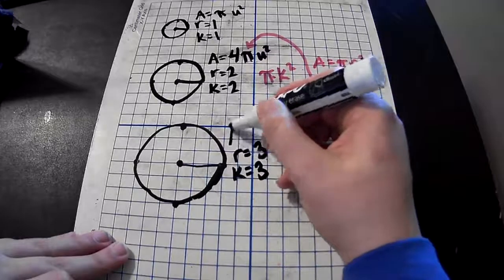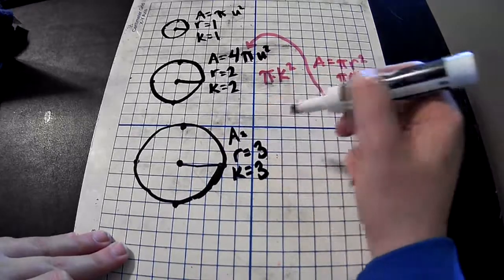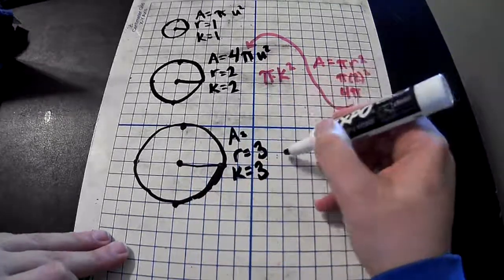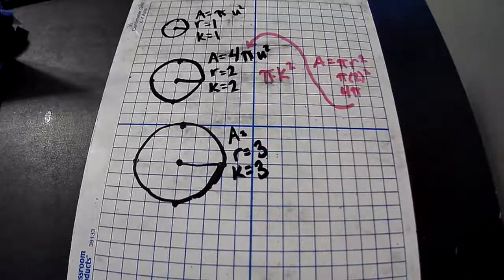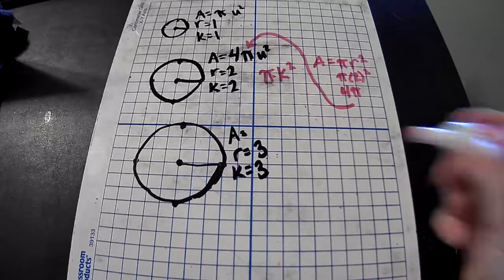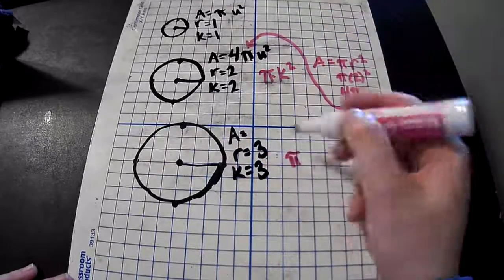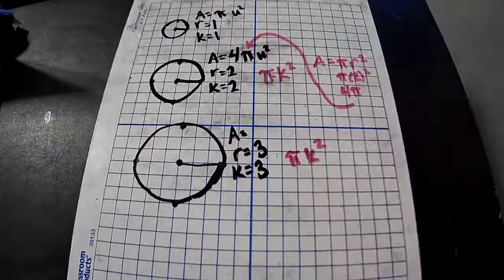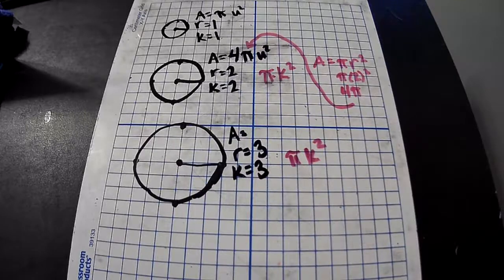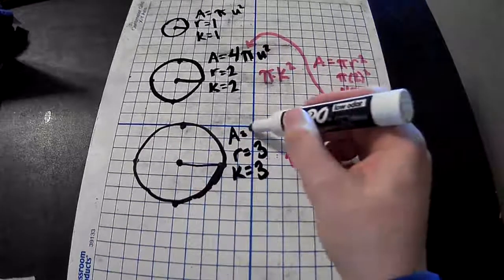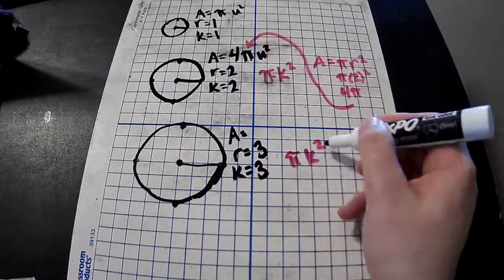And so if we use our pattern from this lesson, we would do our scale factor squared times our original area. So the original area of our very first figure was pi times k squared. K was 3, so that's pi times 3 squared.